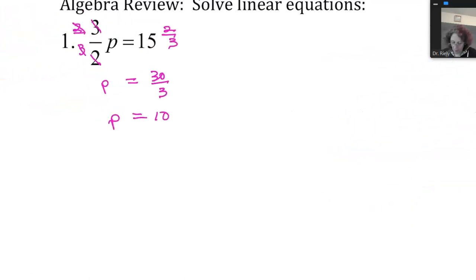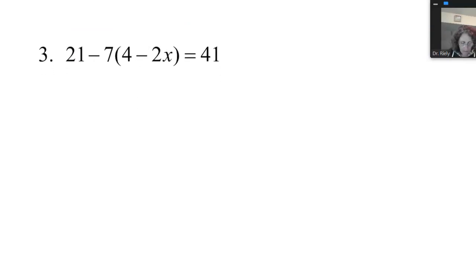Okay, so let's keep going. I'm just going to check my answer key to make sure that I am good, and I am. Okay, coming down to number 3. I see that I have another distribution, but be super careful because I'm distributing this whole number here and here. So I get 21, a minus 7 times 4 is a minus 28.